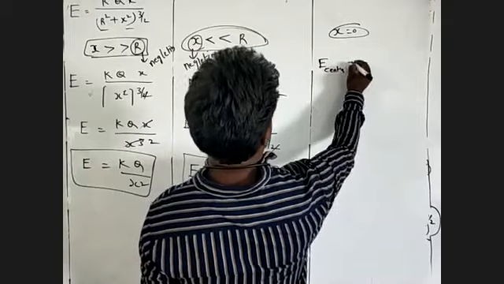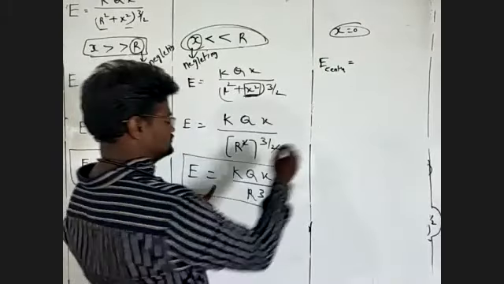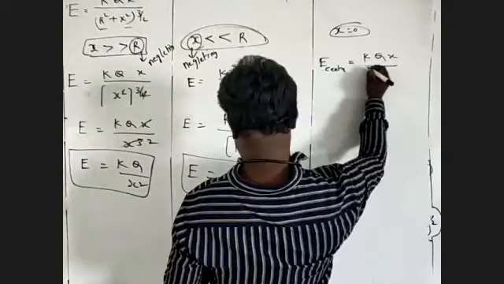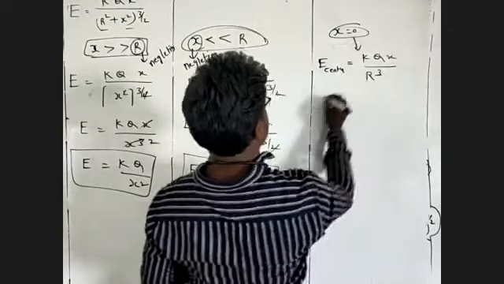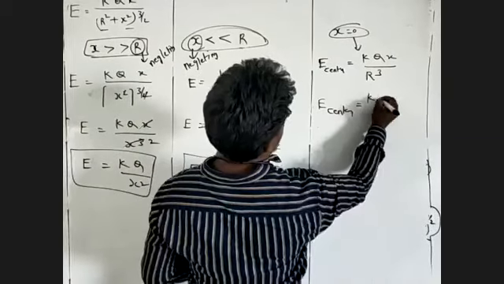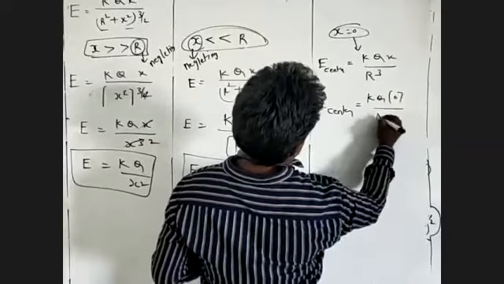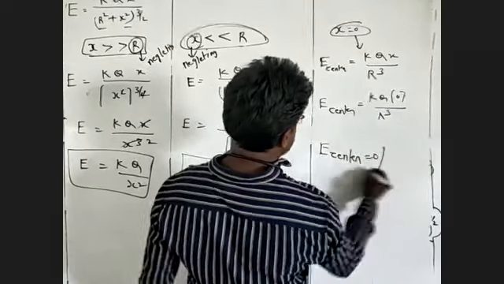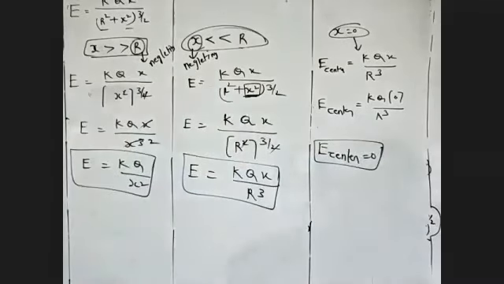You can take this formula: E is equal to kqx by r cube. Now x is equal to 0, so the electric field at the center is kq times 0 by r cube. Now E at the center is equal to 0. That is your answer.